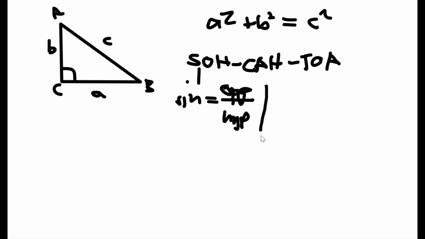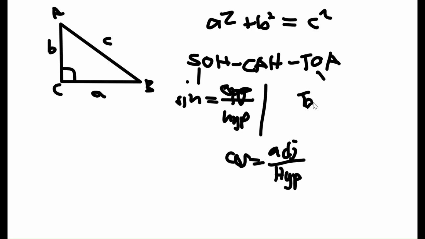And then cosine is equal to the adjacent over the hypotenuse. And lastly, TOA, tangent or tan, is equal to the opposite over the adjacent.